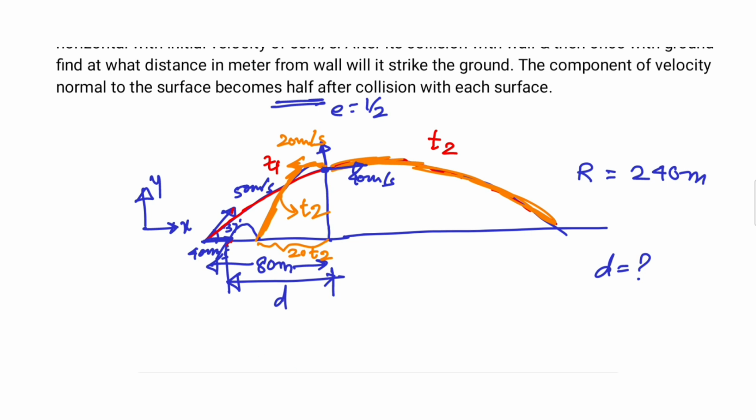Now what was the initial velocity along the y-axis? 30 meter per second, right? So consider the motion along the y-axis. It will be moving like this. When it comes down, what will be the velocity along the y-axis? Same, 30 meter per second, since there is no air resistance. Initially it was 30 meter per second, and after returning it will again be 30 meter per second, but in the opposite direction.